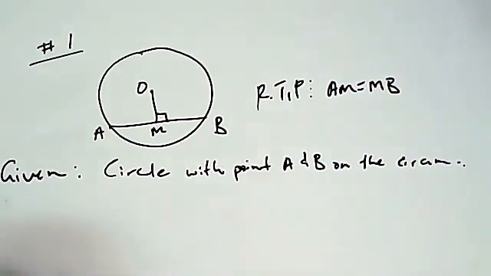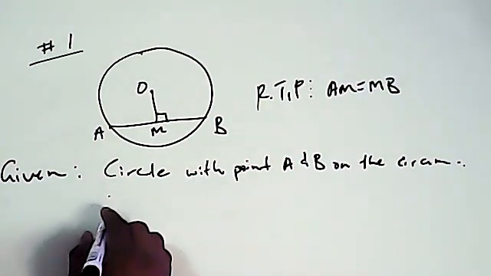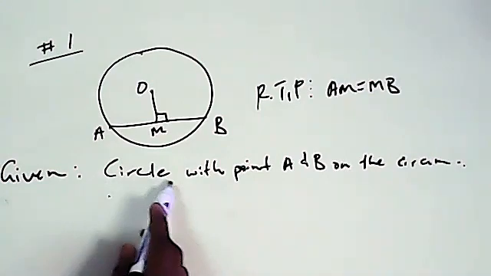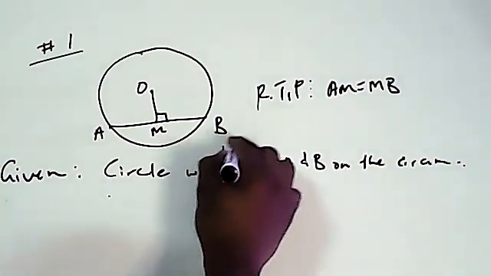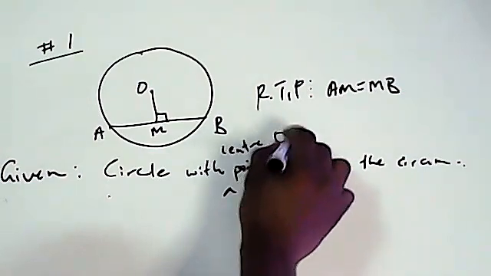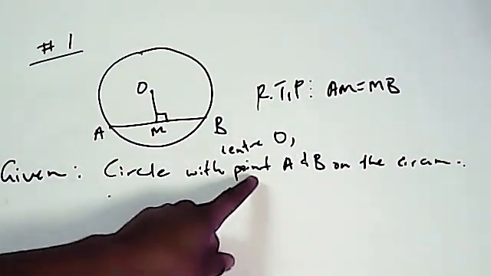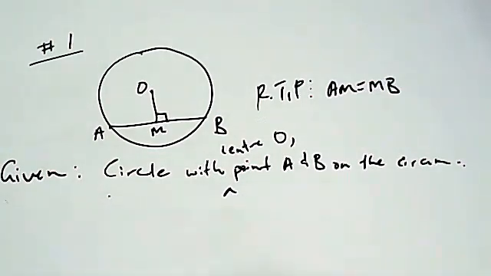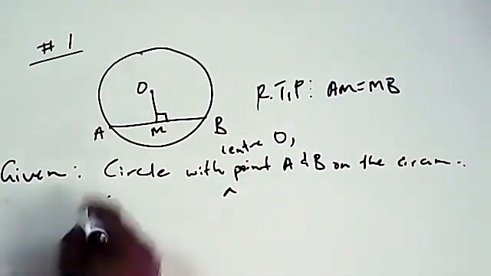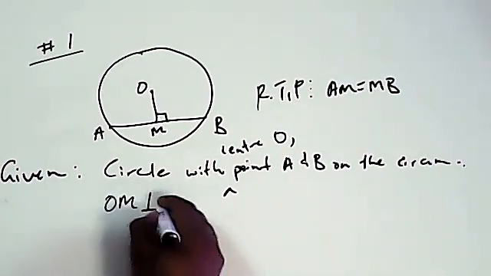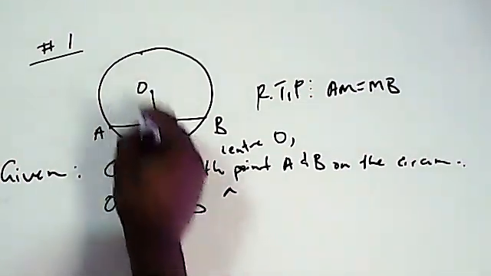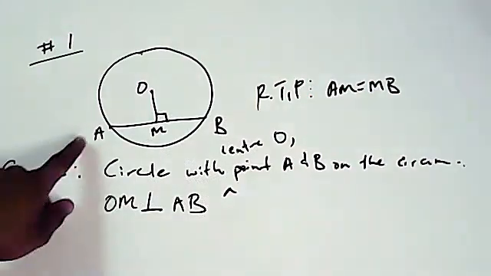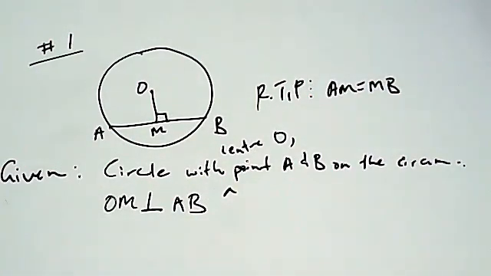You write circumference in full, and then you can say, here you can say circle with center O, comma, with points A and B on the circumference. And you can see also what you're given is that OM is perpendicular to AB. This OM is perpendicular to AB. If you don't understand what I'm saying, let me know. And then from there, you're done with your given statement, and you get your mark. And then for required to prove, you write it here, but I already wrote it for you there.